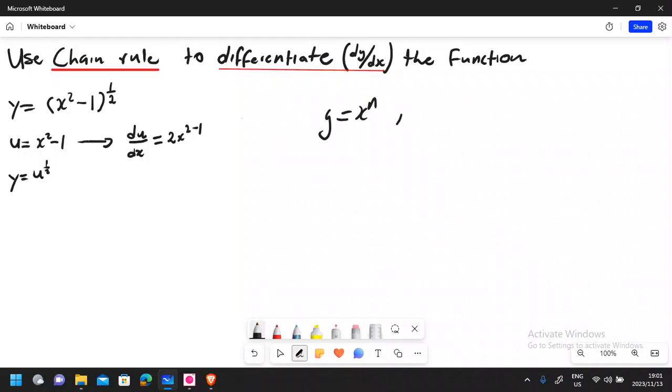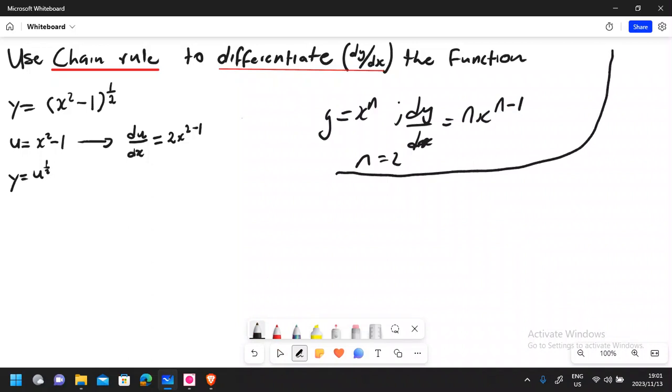Then the dy over dx is going to be n multiplied by x to the power of n minus 1. Remember, our n in this case is going to be 2. This is from this formula here. This is the first derivative, the standard derivative. Again, if you don't understand where it's coming from, go and check the video there. I explained the standard derivative.